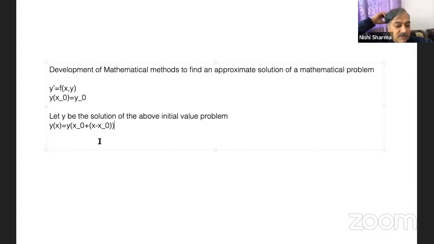Now because I know the solution at this point around x naught, I will expand this right hand side around x naught by Taylor's method. So what will it be?